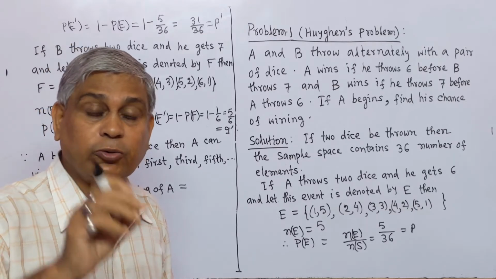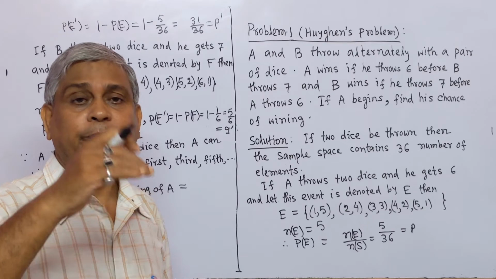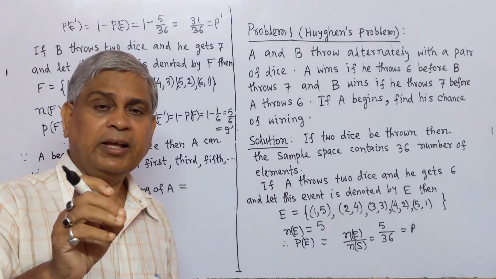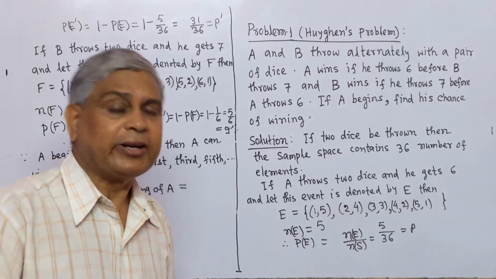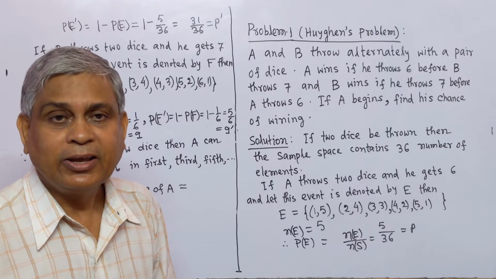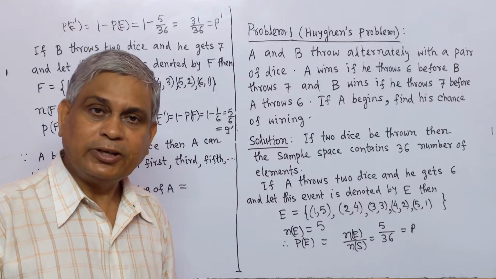If he does not win in the third throw, then B will throw 2 dice in the fourth throw. If B does not win in the fourth throw, then A will throw 2 dice in the fifth throw.